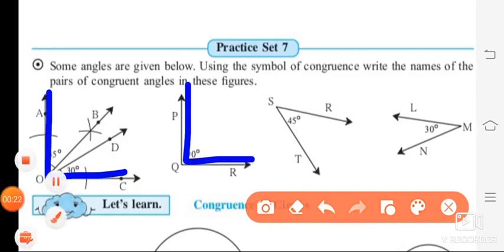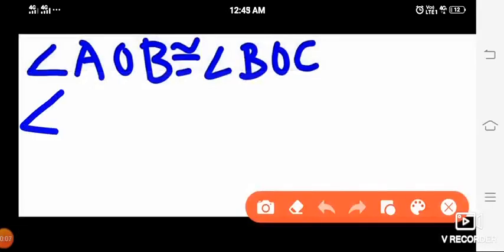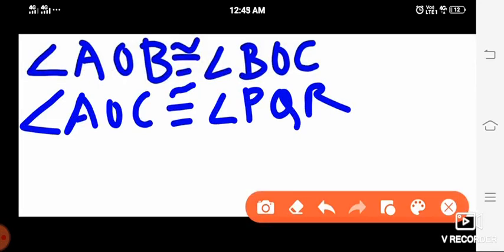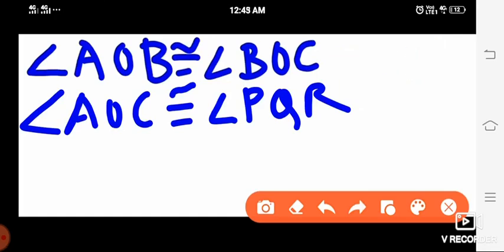So we can write, so the next pair is, that is here, angle AOC is congruent to angle PQR. So this is the second pair. So this was how much measure? 45 degrees, and this is how much? 90 degrees. Okay, no need to write the measurement, just write the pairs. So these are the 2 pairs.